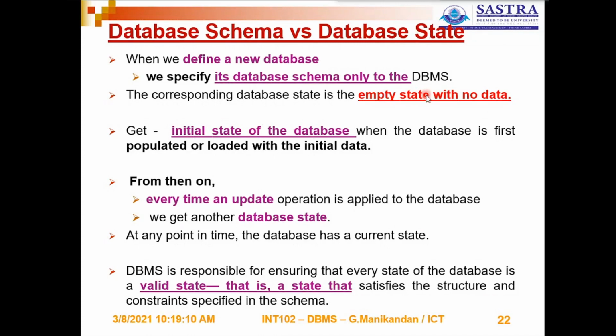From the empty state, your database will move to the initial state. Initial state means when you have loaded your database with the first set of input. Suppose I have created the database and stored 2 records, it is called the initial state. From that point, whenever you perform an insertion or deletion, or in general an update, your database will move from one state to another state.